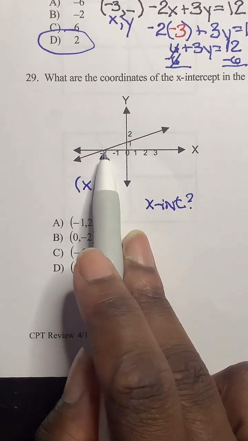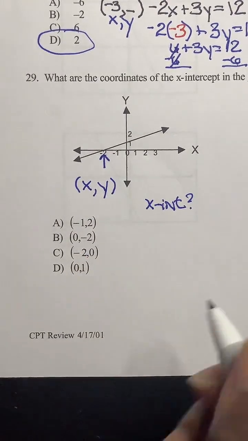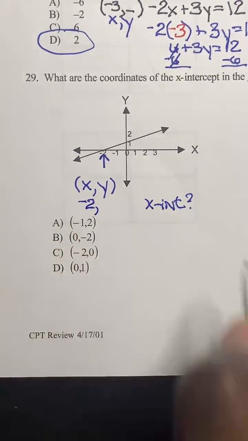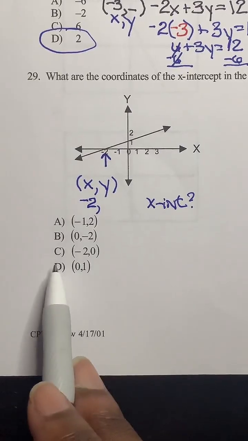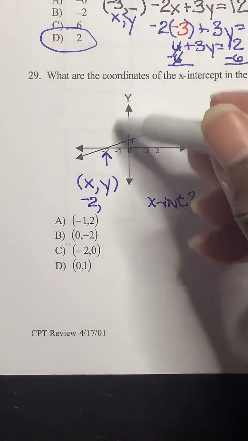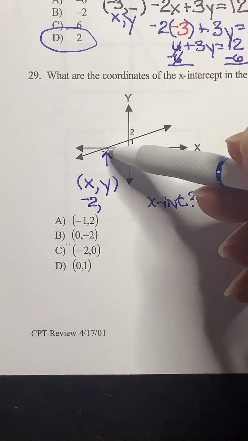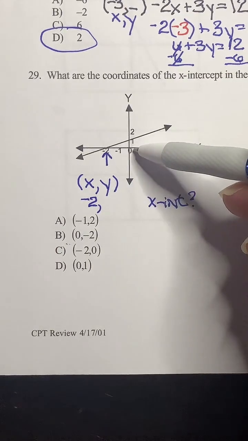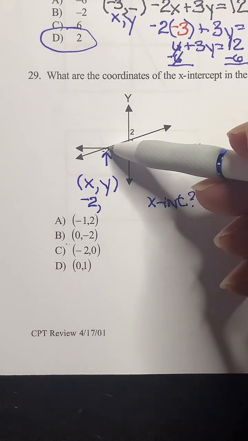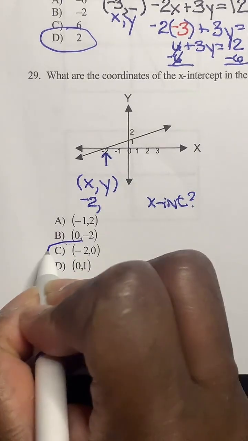So if it's hitting the x here at -2, that means the -2 is coming first. So it can't be B. And our y's are up and down. But since it's not moving up or down, all we did was start at the origin and move to the left 2. We didn't move up or down. So that will be 0.